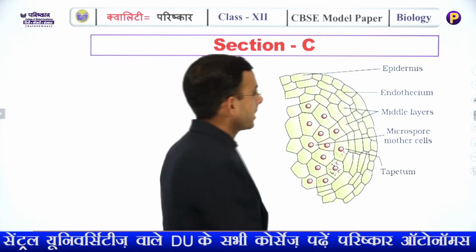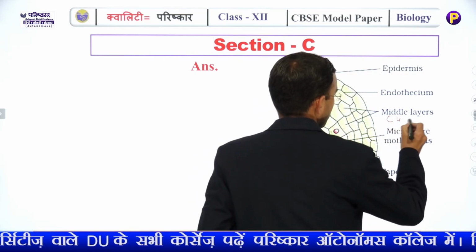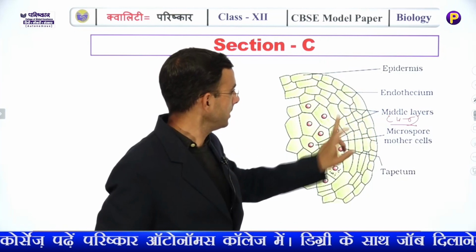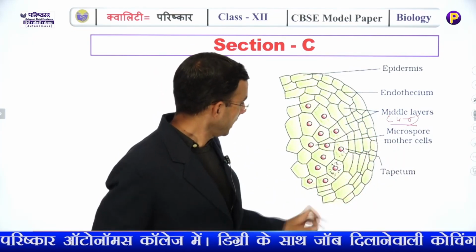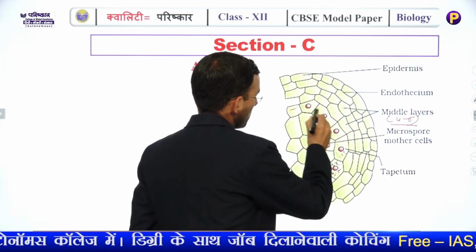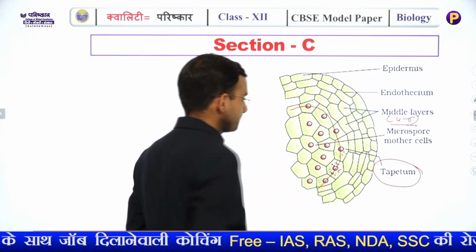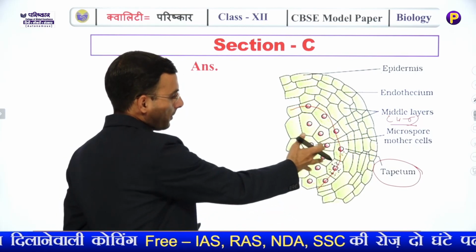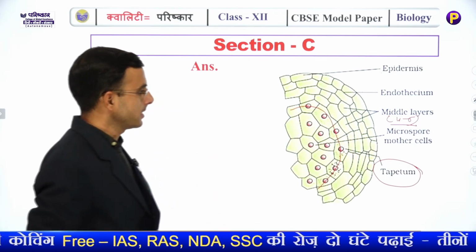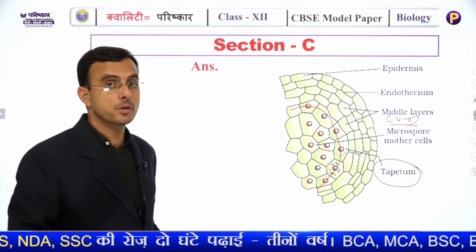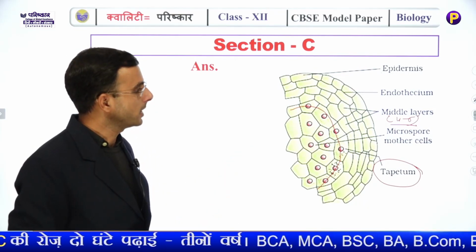After that there are 4 to 5 middle layers. After this the innermost layer is known as the tapetum. Then the microspore mother cells are present, and they divide by meiosis and form the microspores.